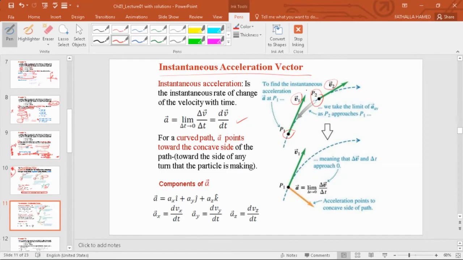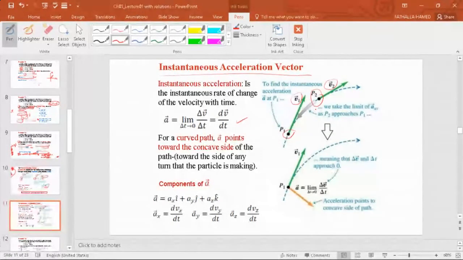A vector, as we discussed in chapter number 1, has two things: a magnitude and direction. And you can change the magnitude, or you can change the direction, or you can change both of them.